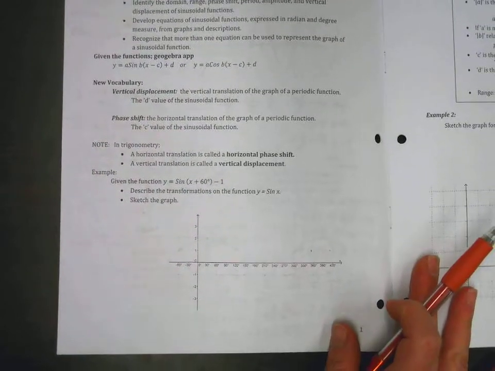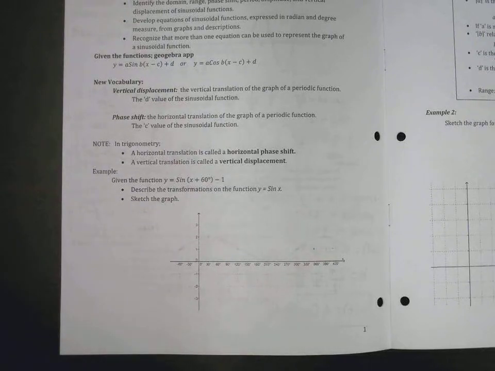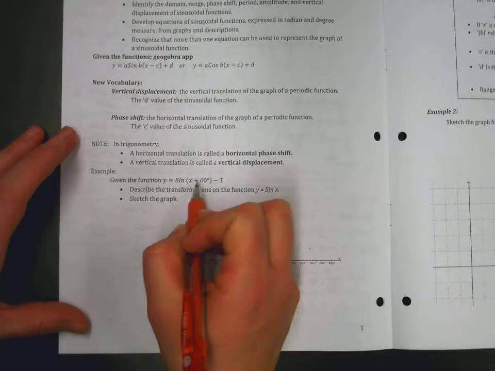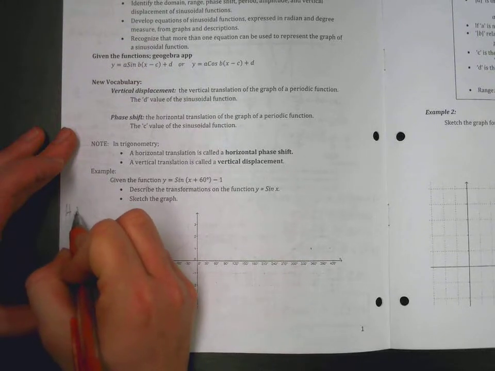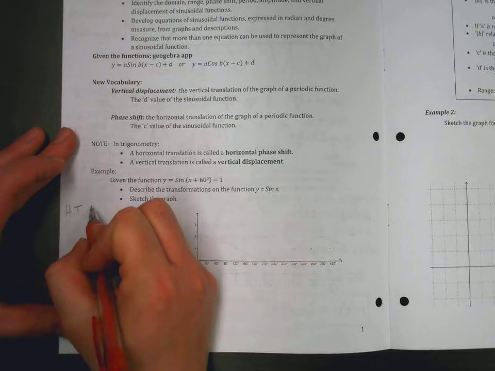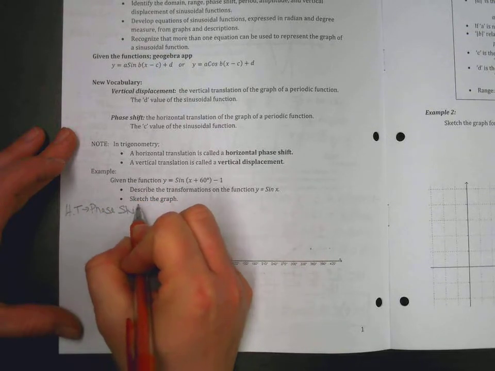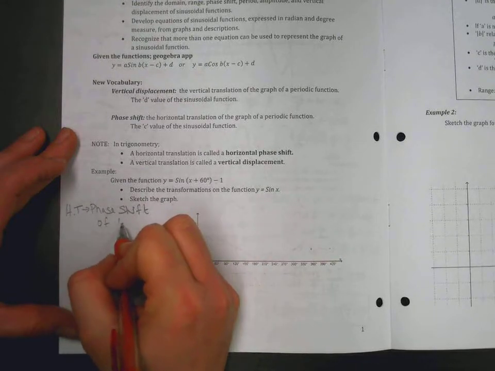So for example, if I wanted to sketch the following graph, y equals sine of x plus 60 minus 1. We want to describe the transformations from the function y equals sine of x and then sketch the graph. So when we compare this, we would say this would have a horizontal translation or phase shift, is our trigonometry terminology, of 60 degrees left.